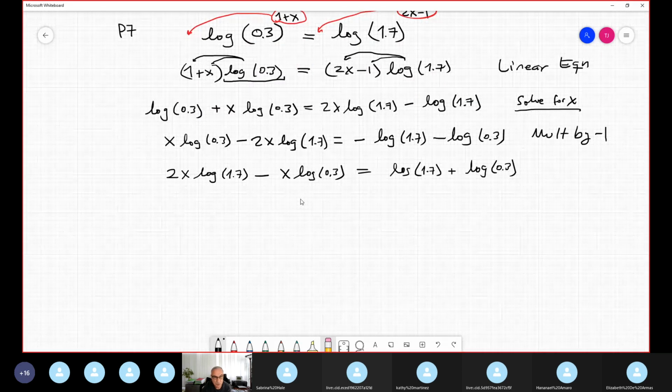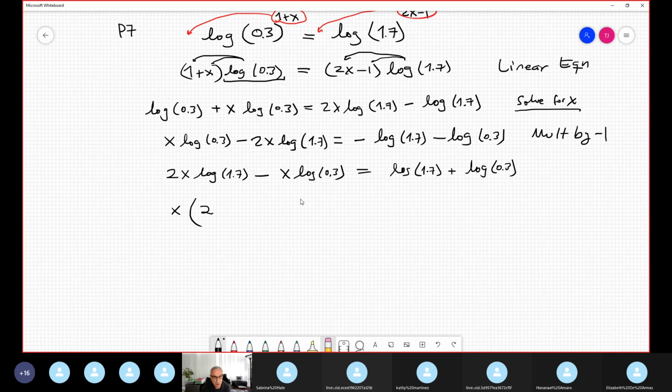Now factorization. x is the greatest common factor: 2 logarithm 1.7 minus logarithm 0.3 is equal to logarithm 1.7 plus logarithm 0.3. I forgot one parenthesis here.